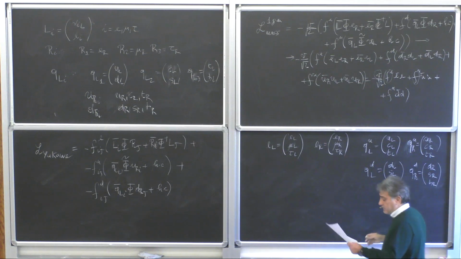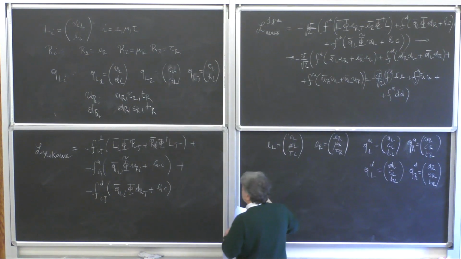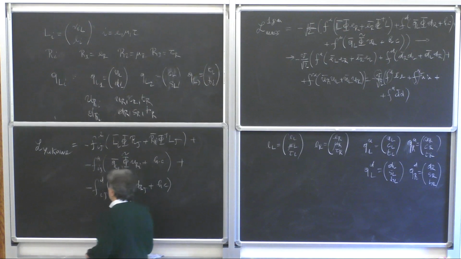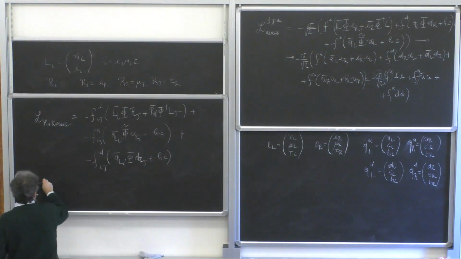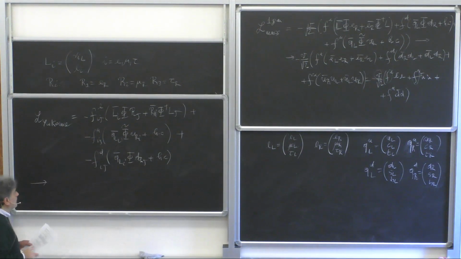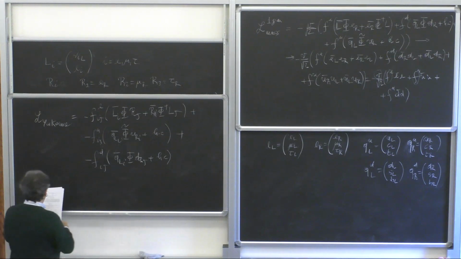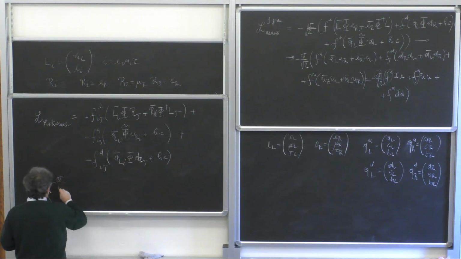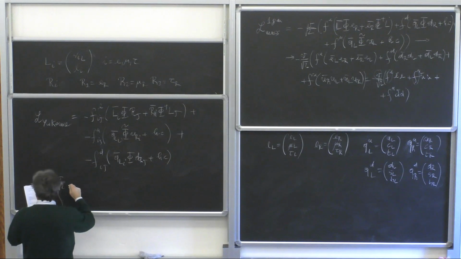And with this definition, the same Yukawa matrix here, after the symmetry breaking, is now minus V divided by square root of 2.